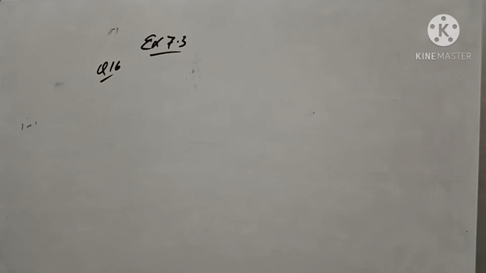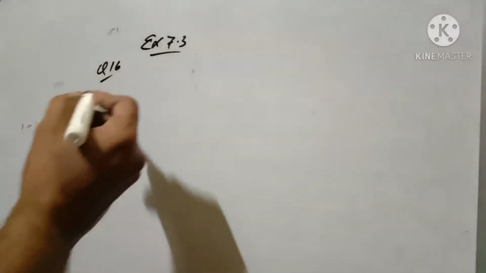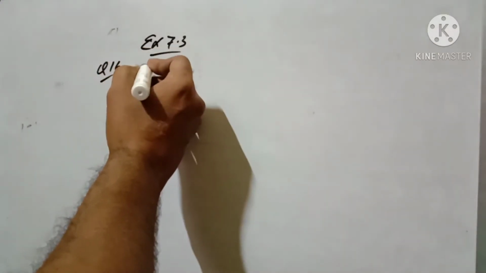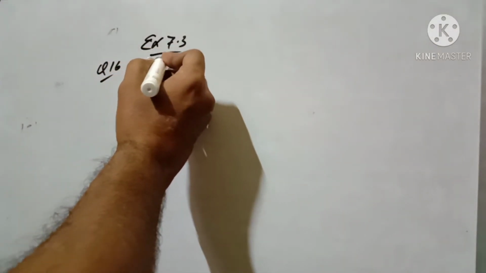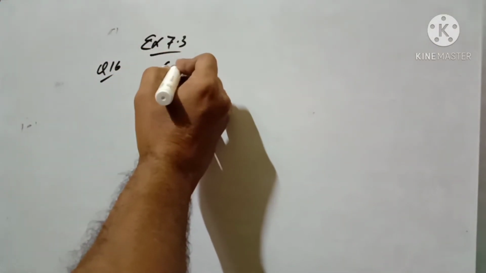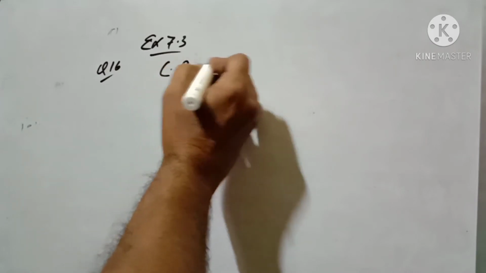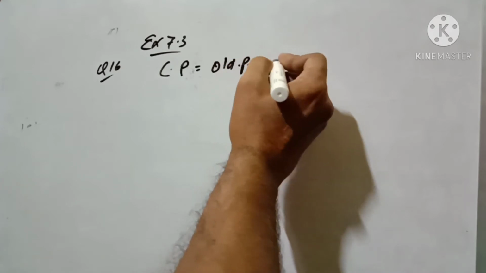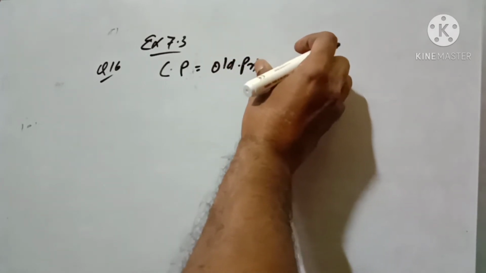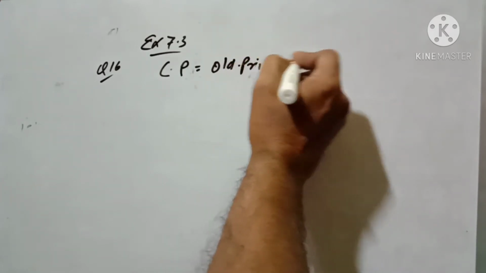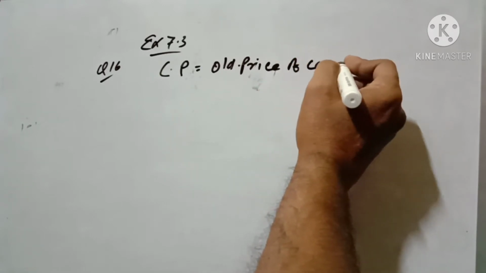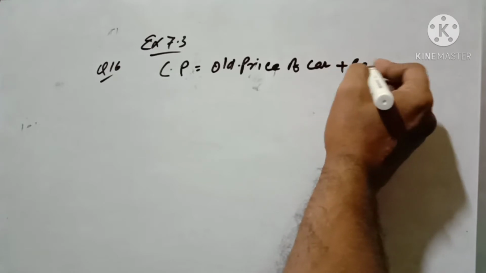First of all, the cost price is the old price of the car plus the repair charges.